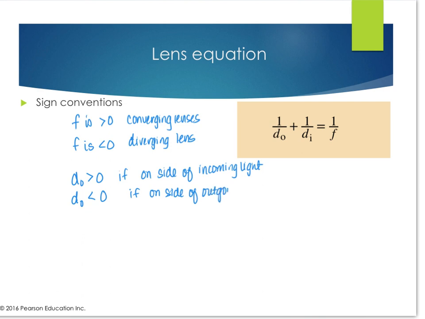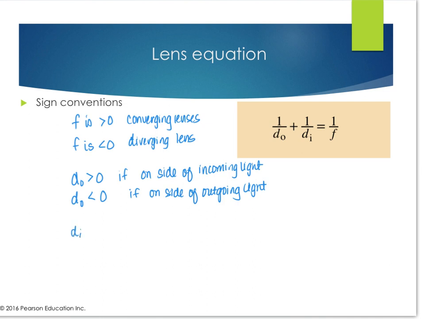It's very unusual, and we would only have that happen if we were using more than one lens at a time. When you have more than one lens at a time, you first do the object forms an image through the first lens, and then that image becomes your object for the second lens. But I don't think you will have to do that on any sort of assessment.